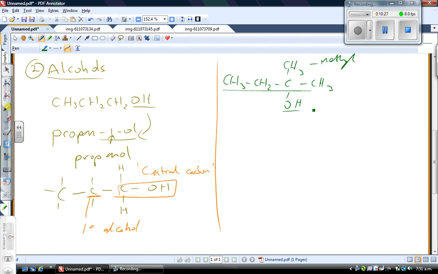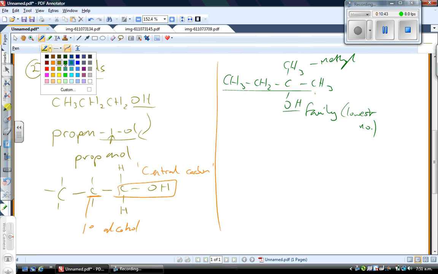Because this makes it the family, this contributes to the family name, this gets the lowest number. Again, the methyl gets less priority here, so the OH group gets the lowest number, in which case it doesn't matter because both of them are going to get the same number. So this is going to be 1, use a different color. Carbon 1, 2, 3, and 4.